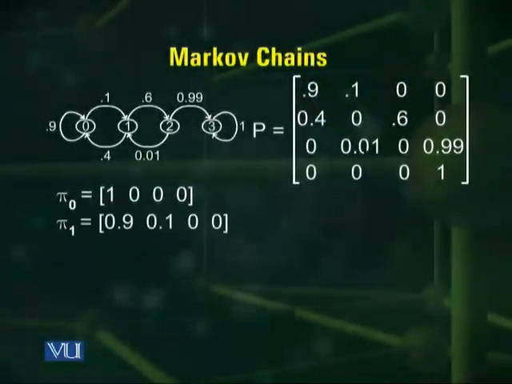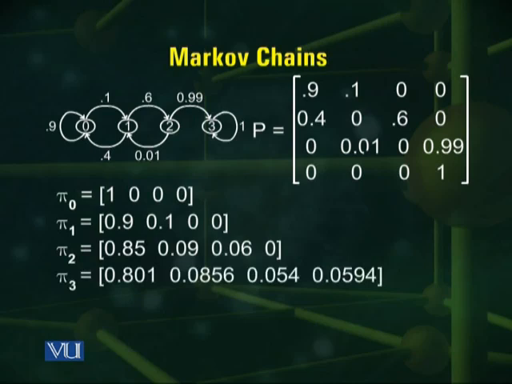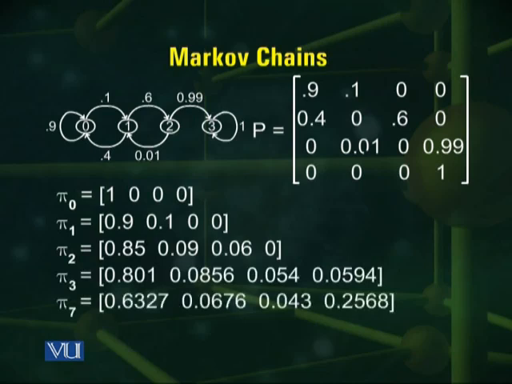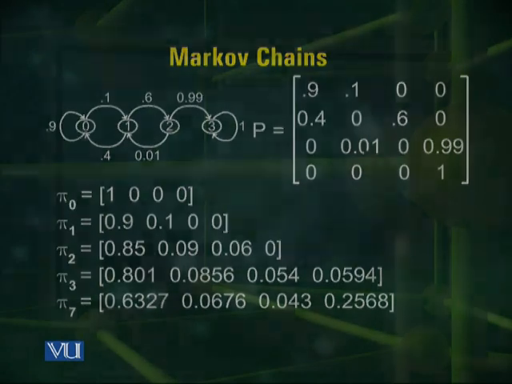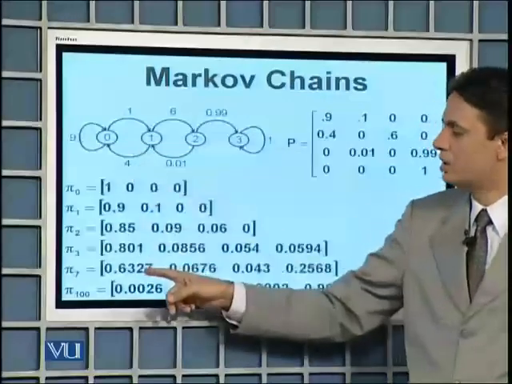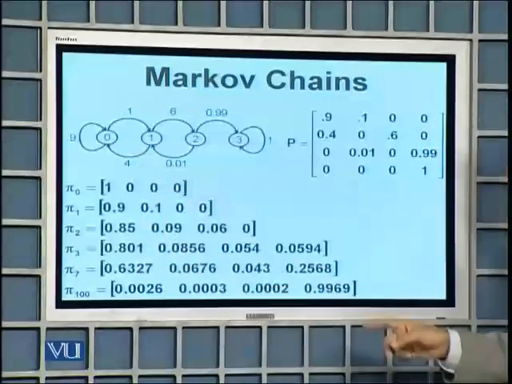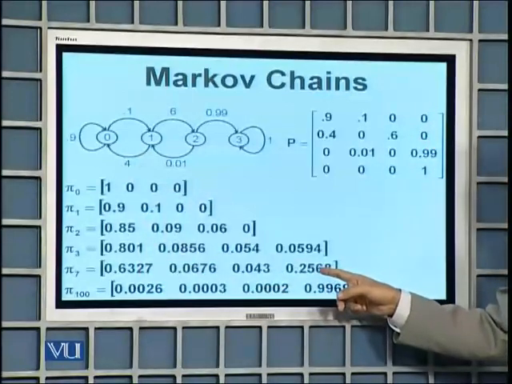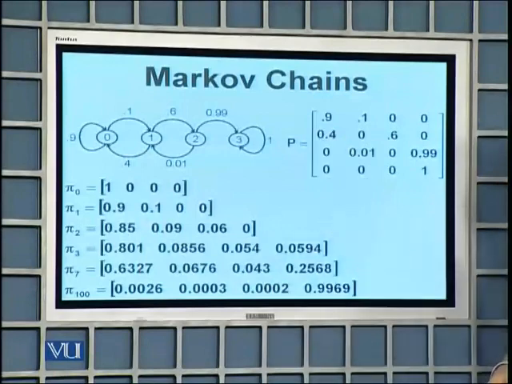If you continue to multiply with this transition matrix P, you will get probability distribution of state 2, state 3 and state 7. If you look at state 7, there is still considerable probability that the person is still languishing in state 0, 63% probability, and only 25% probability that he has performed Hajj.